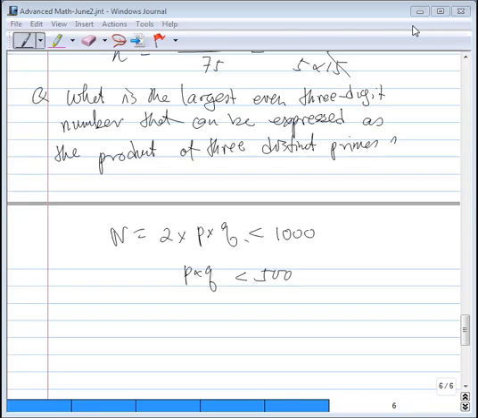So the idea is, I think you begin with the largest possible, 499. Okay, 499 is a prime number.